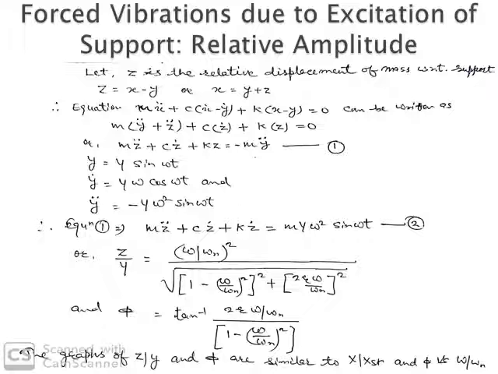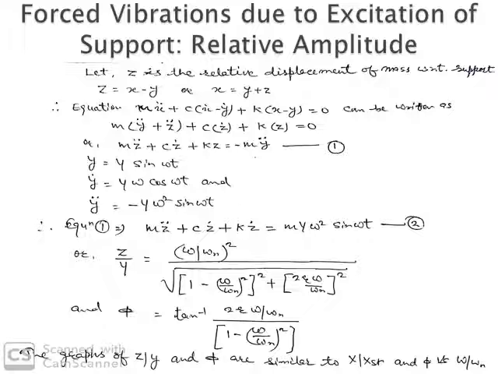So here also F0 is replaced by m y omega squared. So z by y can be written as (omega by omega n) squared divided by the same factor, square root of (1 minus (omega by omega n) squared) squared plus (2 zeta omega by omega n) squared, and phi.